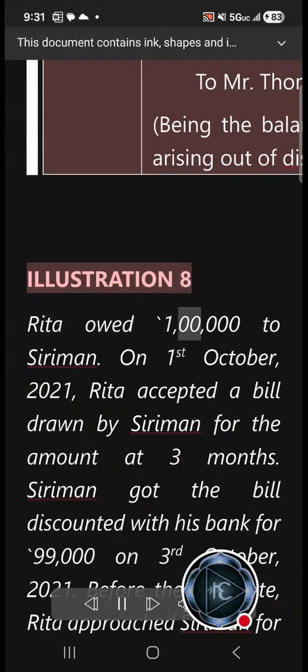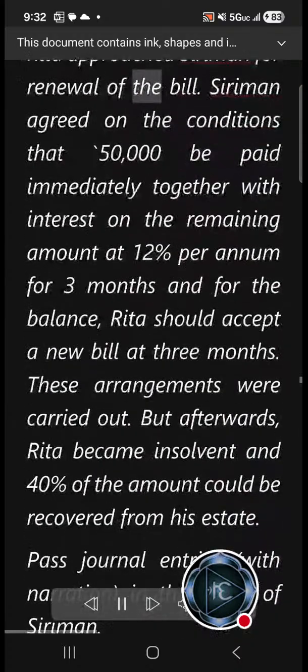Rita owed $1,000,000 to Surname. On October 1st, 2021, Rita accepted a bill drawn by Surname for the amount at 3 months. Surname got the bill discounted with his bank for $999,000 on October 3rd, 2021. Before the due date, Rita approached Surname for renewal of the bill.